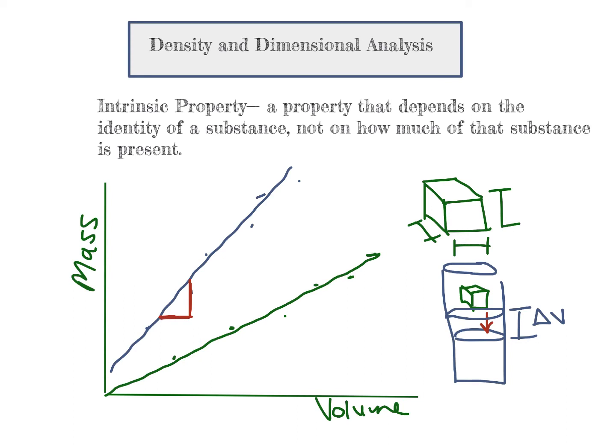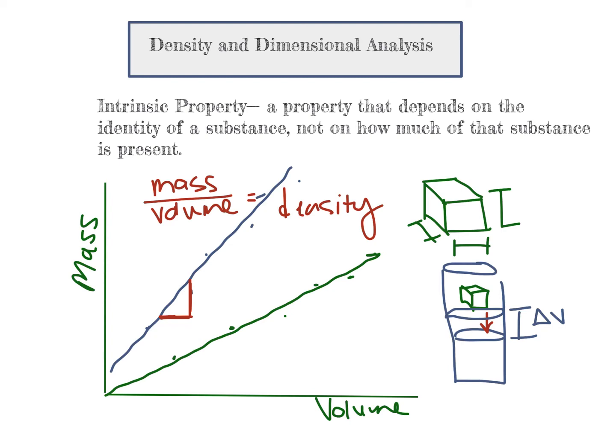If you take the slope of this graph, the slope being the rise over the run, you would end up with units that look like mass divided by volume. And most of us know from middle school that mass divided by volume is density. So what we can use is this linear relationship between the mass and the volume to change those units into each other.